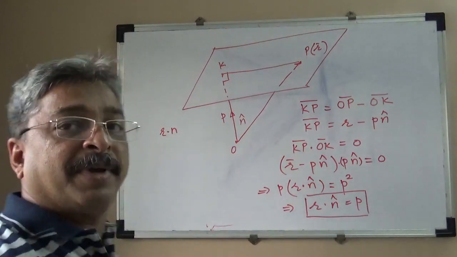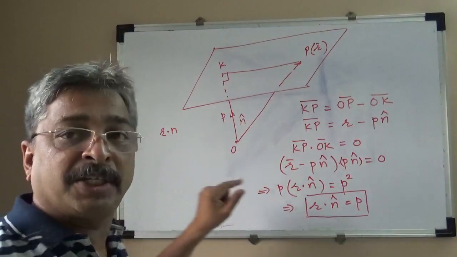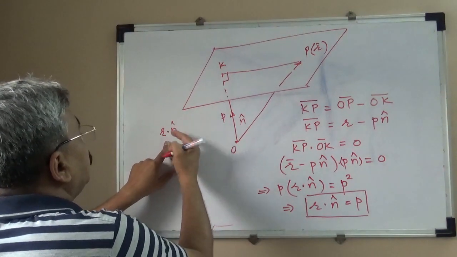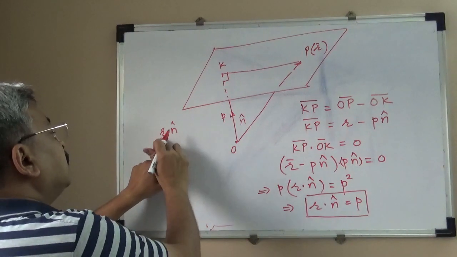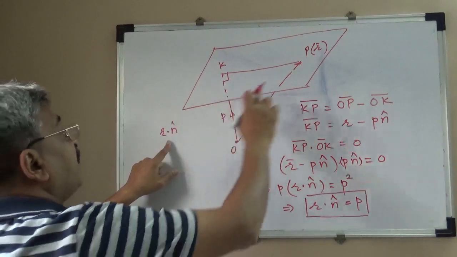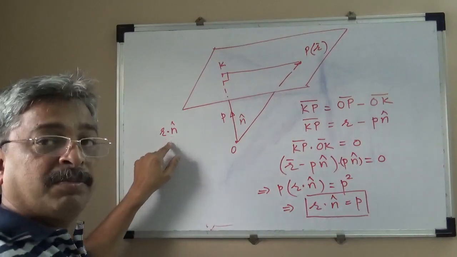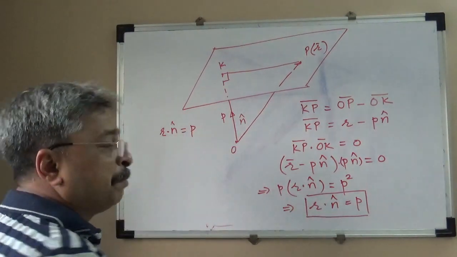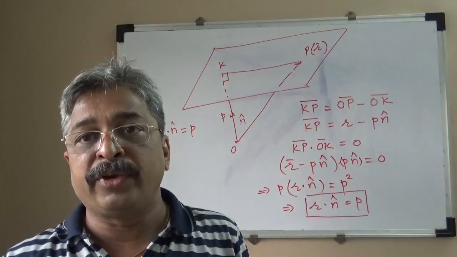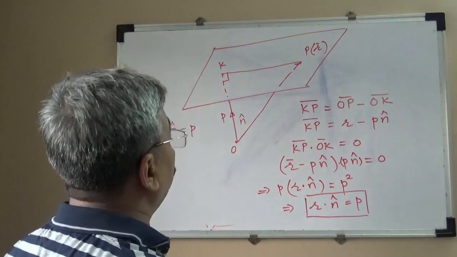But absolute value of n is 1. Therefore, r dot n is a projection, and that projection distance, that is dot product, so it's a scalar. Now, r dot n cap, this is unit vector. Therefore, r dot n cap is a length of projection of every vector r on unit vector n. That is the meaning of this, and we want that distance to be P. So this is the geometric interpretation of equation of a plane in the normal form.